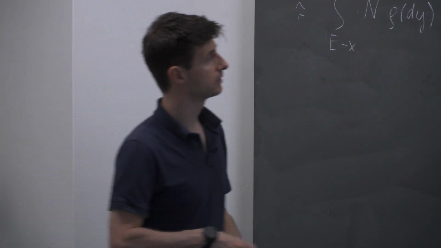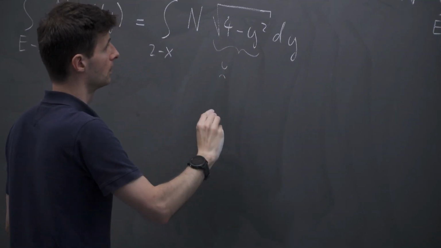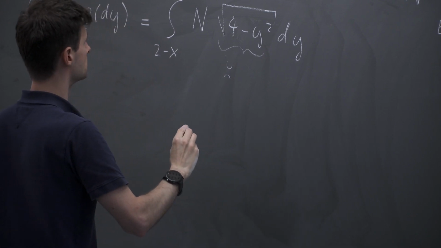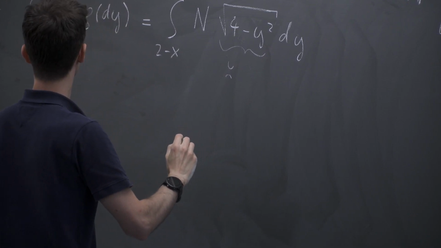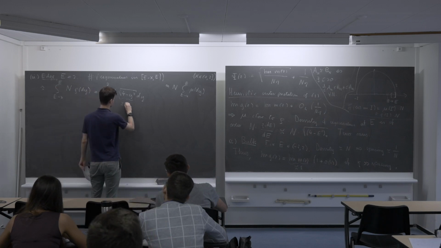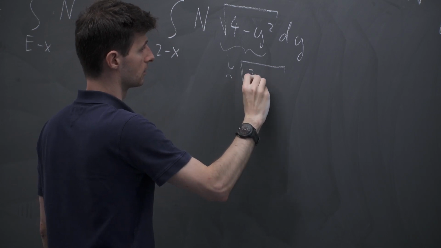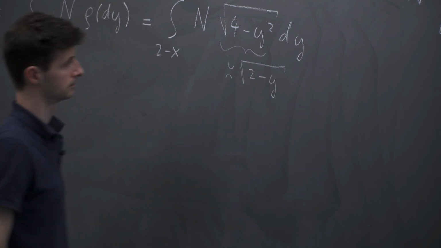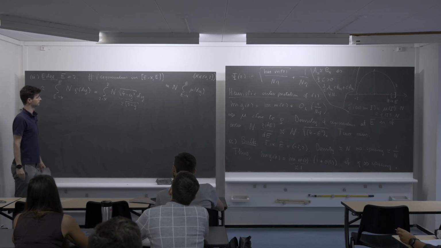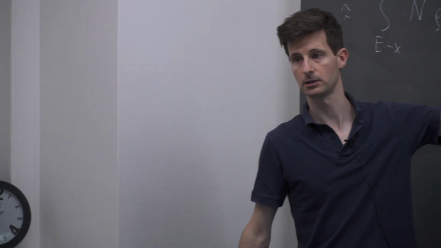So you can in fact say that this guy behaves like the square root of 2 minus y. You can write this as the square root of 2 plus y times 2 minus y.